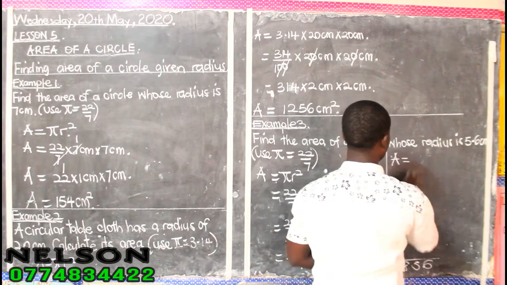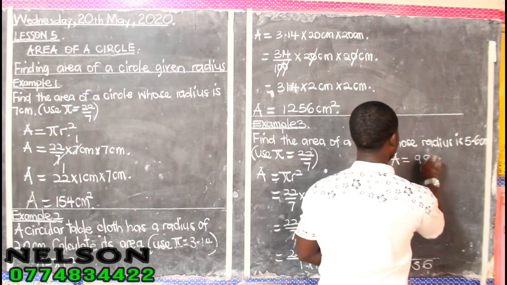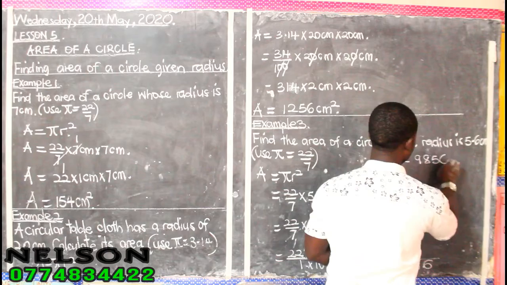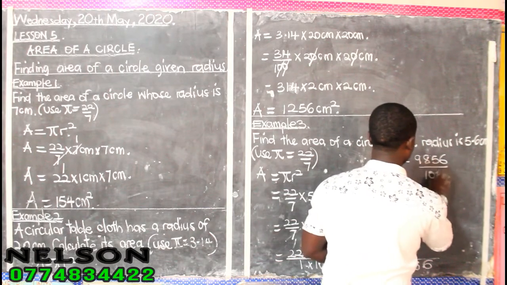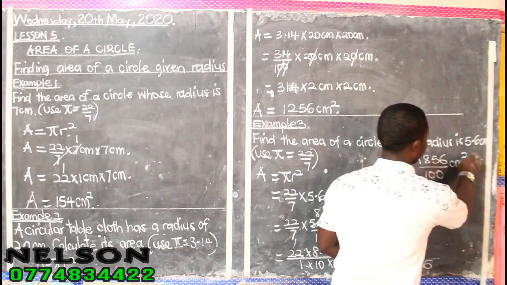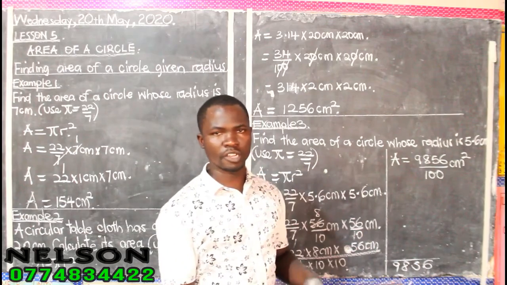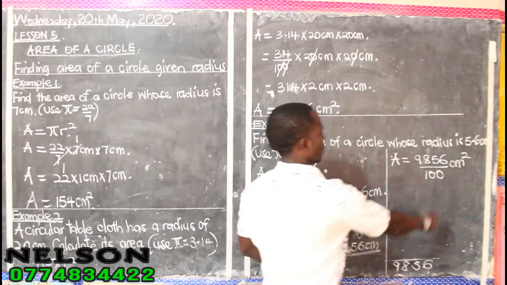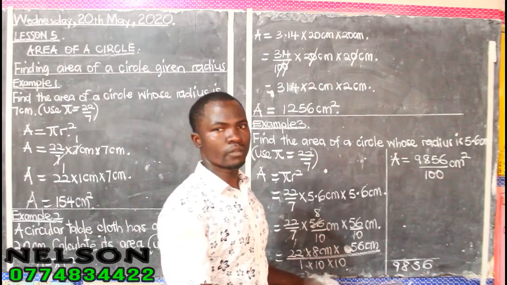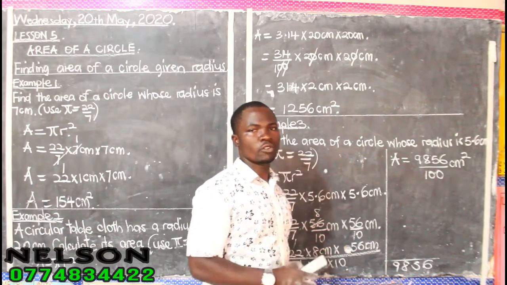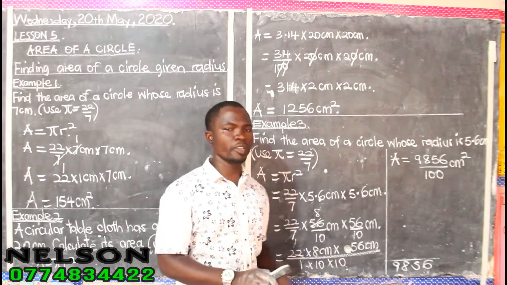Area equals 9,856 out of 100 square centimeters. How many zeros do we have in the denominator? We have 2. It means that we shall also have 2 decimal places.